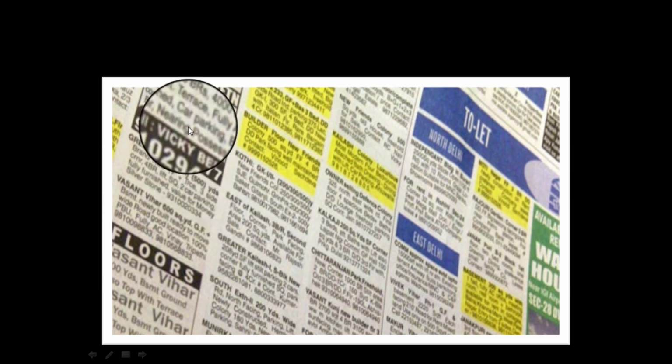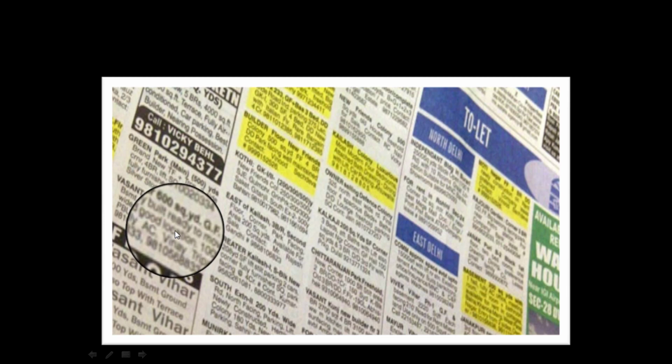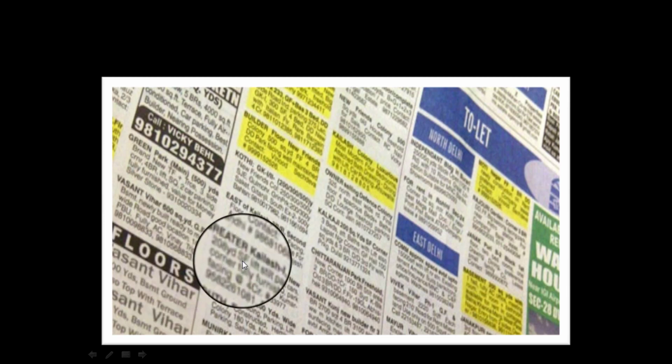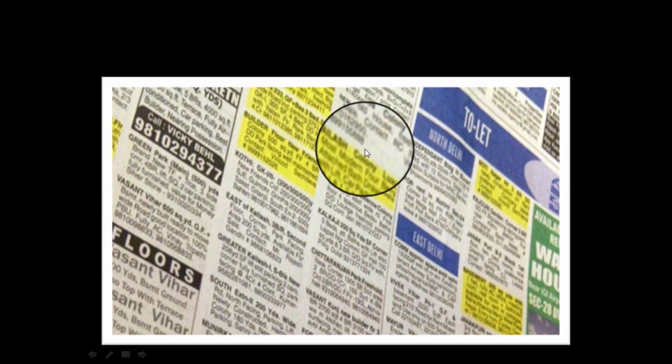And sometimes you get ads about coaching institutes, and some property also. Sometimes you get matrimonials, where both bridegrooms and brides give their advertisement regarding their need of a bride or bridegroom.